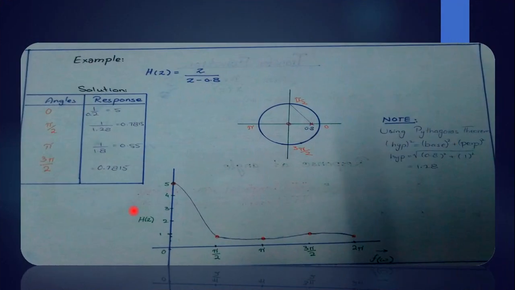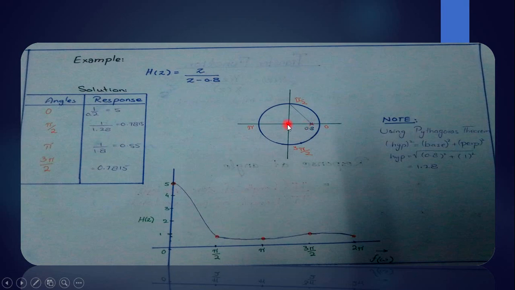Let's see an example. We are given the transfer function z over z minus 0.8. If we plot the pole zero of this transfer function, we will see a zero at the origin and one pole at 0.8, and the circle is the unit circle whose radius is 1.